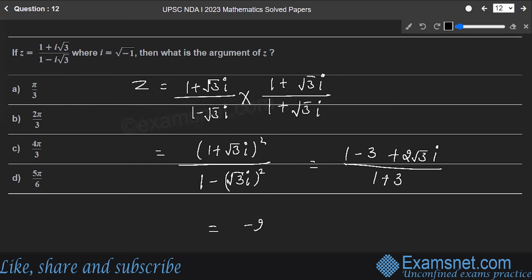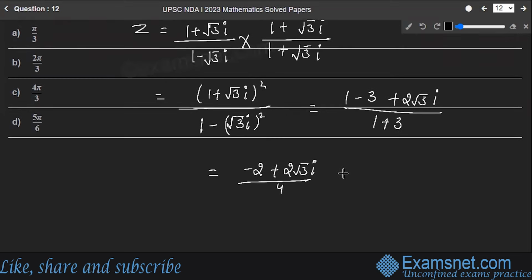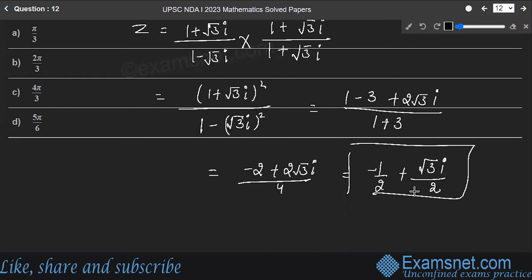So this will give you minus 2 plus 2 root 3 iota upon 4. That is equal to minus 1 by 2 plus root 3 iota upon 2. So looking at this, that means this complex number lies in the second quadrant.